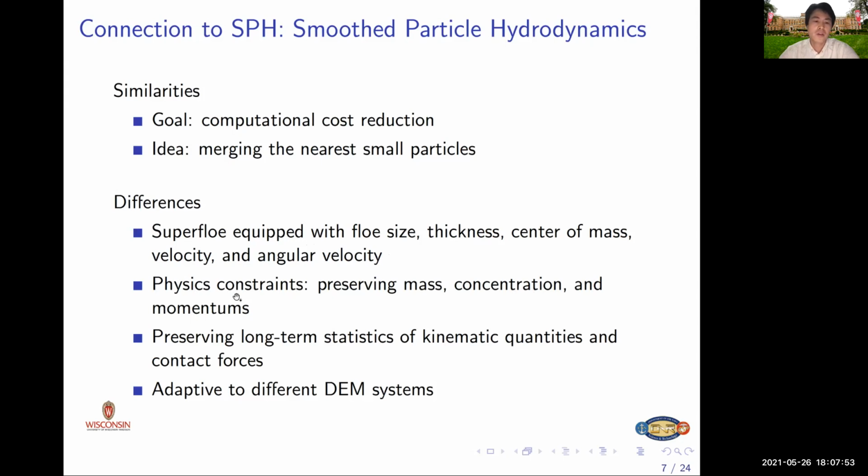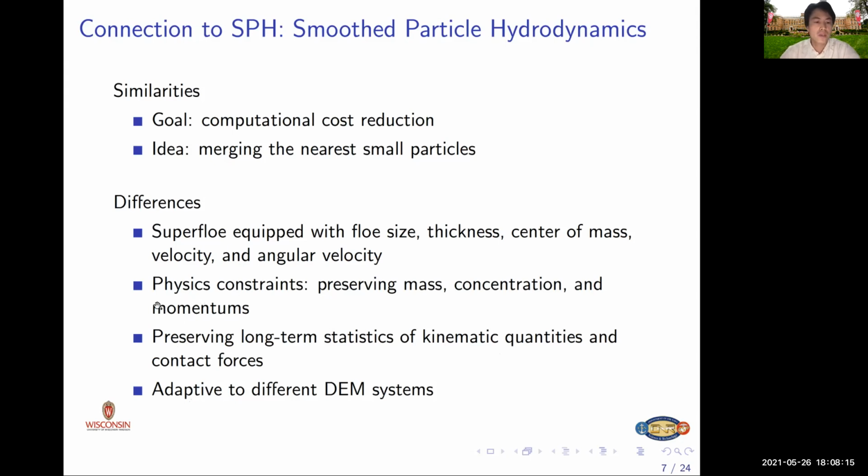In particular, we preserve these quantities locally and then obtain the global ones. And we preserve the long-term statistical kinematic quantities and the contact forces.